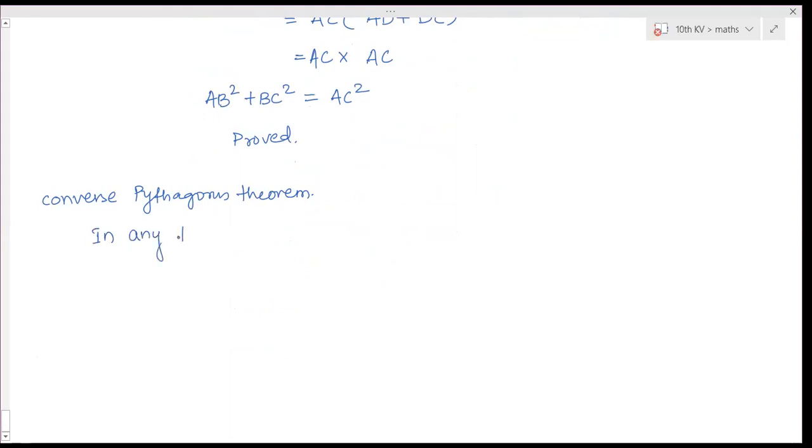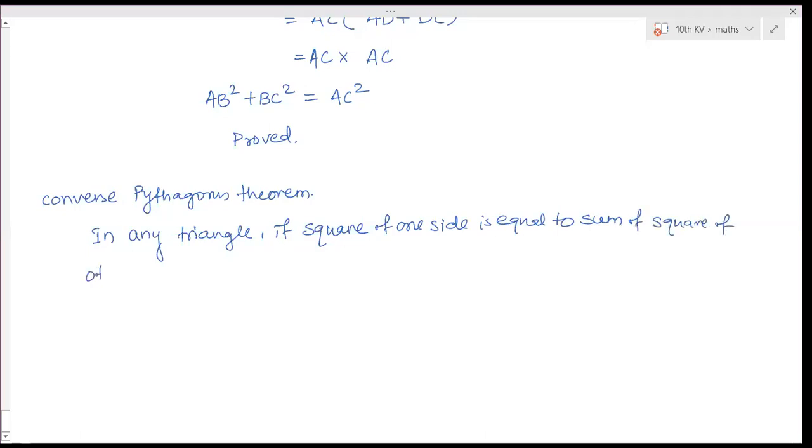In any triangle, if square of one side is equal to sum of square of other two sides, then that triangle is right angled.